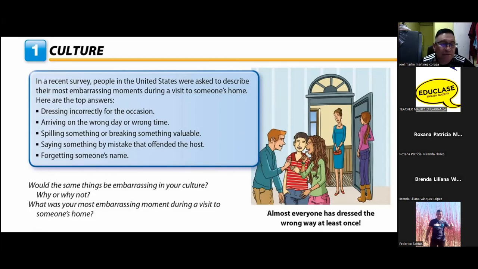In my case, an embarrassing moment during a visit from people or family in my home is when my children are playing in the room, or conversation. I live in a private community.